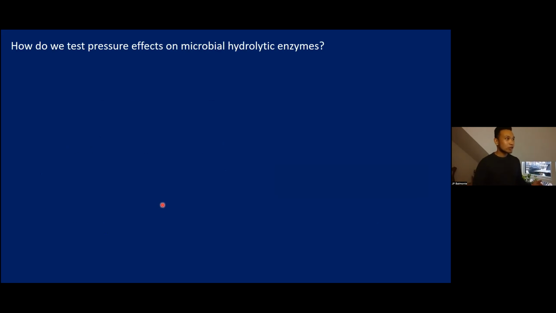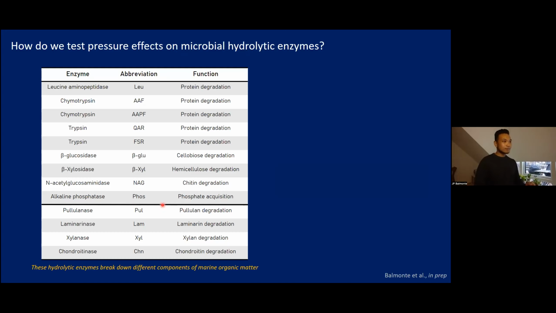So how do we test pressure effects on microbial hydrolytic enzymes? First, I want to highlight that we measure quite a number of different kinds of enzymes. Essentially, we take a substrate that we know measures the activities of these specific enzymes, and we add it to our sample, be it seawater or sediments, and then we do a range of measurements, based on changes in fluorescence as well as changes in molecular weight.